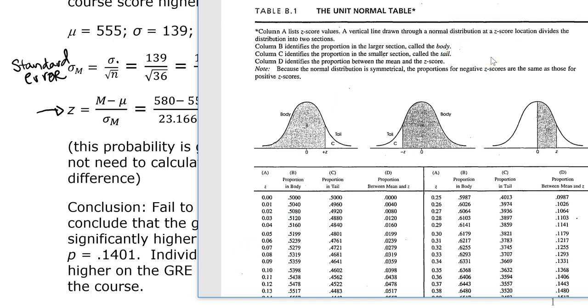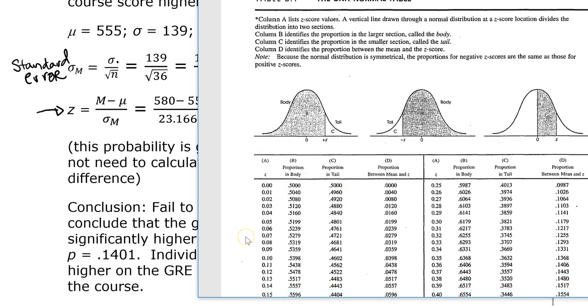So here is the unit normal table. And what you'll notice, we've gone over this a little bit, right? So column A, I think in words, but we didn't really take a look at the actual table. So column A is your Z, column B is the proportion in the body, column C is the proportion in the tail, and column D is the proportion between mean and Z. Right? So we're interested in column C, the proportion in the tail, and we need to look for the Z of 1.08.